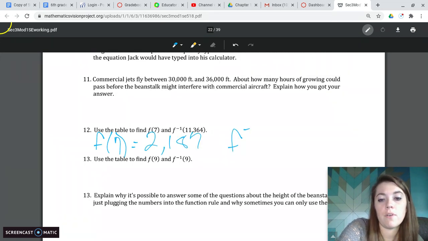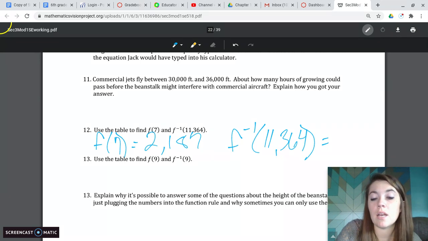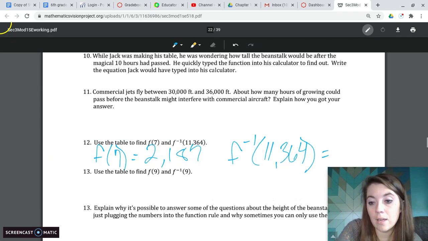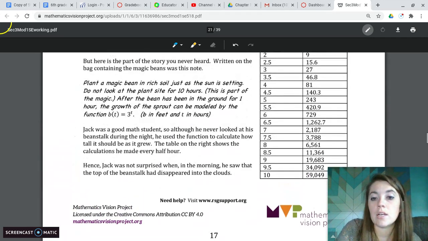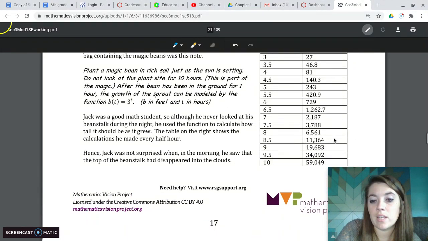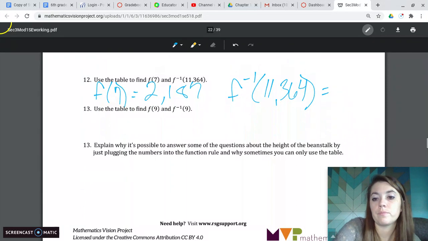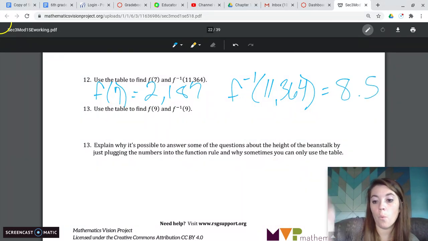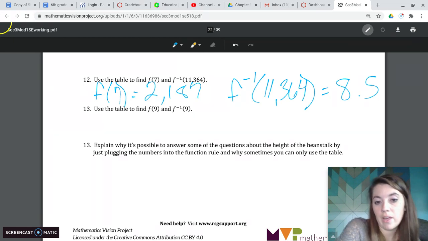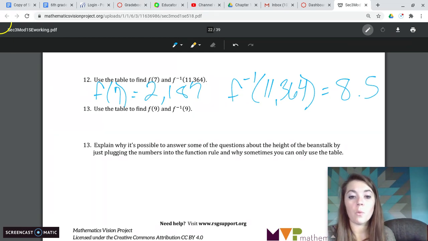Now, the inverse of 11,364, basically what that means is instead of having 11,364 as time in our function, it actually is representing the height. So 11,364 is right here, and that is at 8.5 hours. So it's just using essentially the y side of the table to find the x value versus using the x value to find the y value.